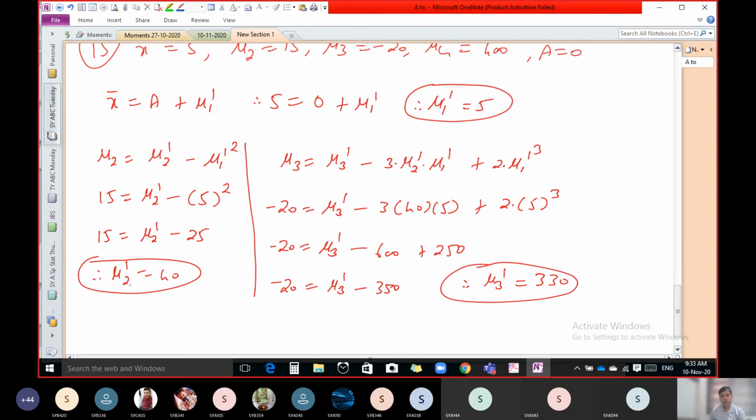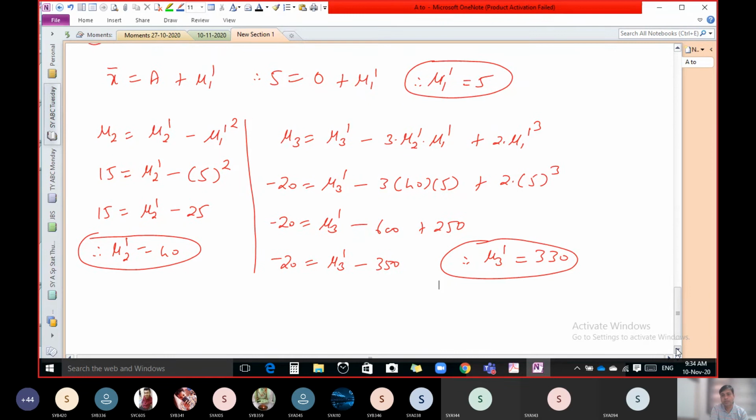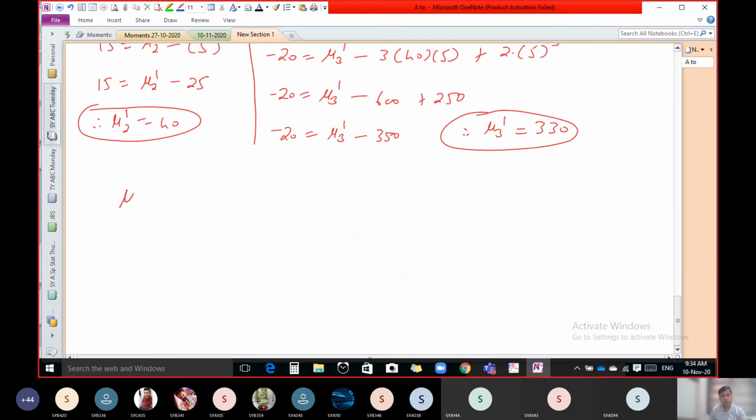And now use the formula of mu4. Mu4 formula is mu4 dash minus 4 times mu3 dash mu1 dash plus 6 times mu2 dash into mu1 dash square minus 3 times mu1 dash raised to 4.